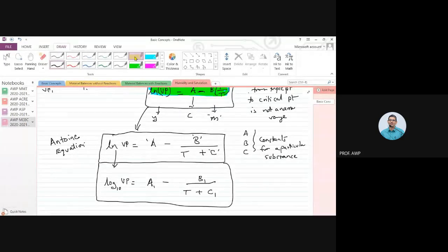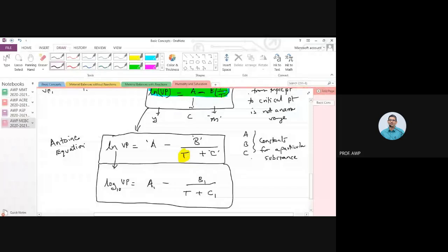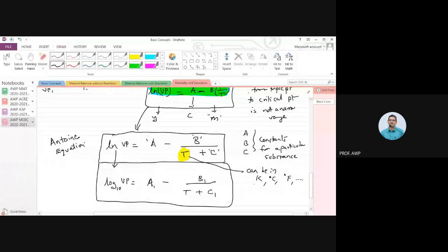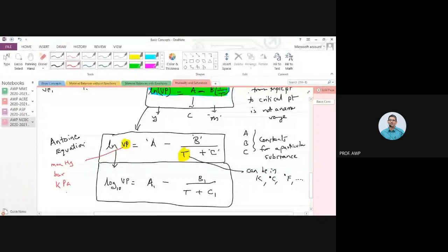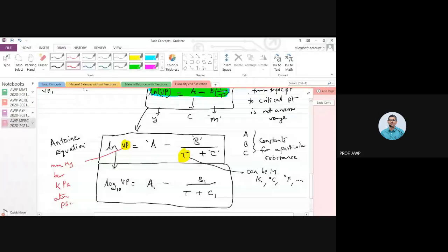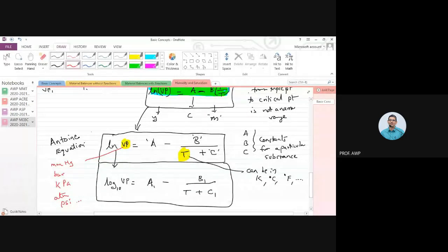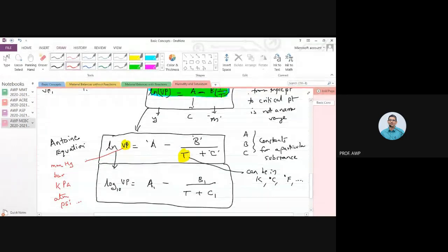Sometimes temperature is given in Kelvin, sometimes in degrees centigrade, or degrees Fahrenheit, whatever you like. And vapor pressure can be in any pressure unit: mmHg, bar, kilopascal, atmospheres, psi. Whatever set of units of pressure you want, your equation can be written in that set of units.